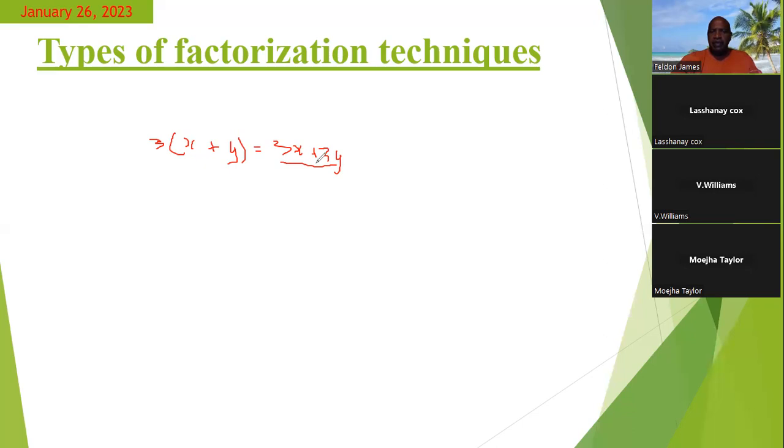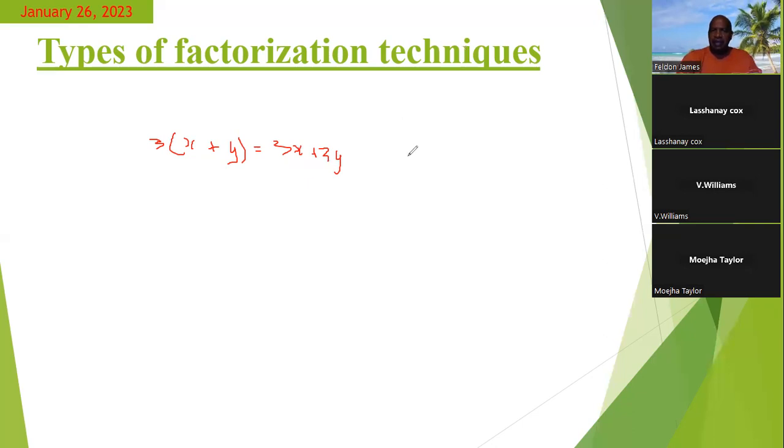But what factorization does is, if you get the product 3x plus 3y, you should be able to write it back as the product of factors. Now, that process of writing an expanded expression back as factors is what we refer to as factorization.